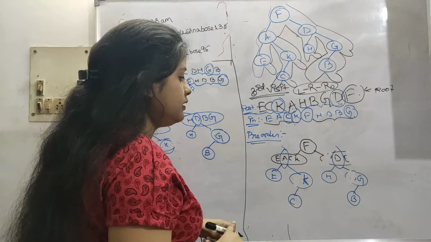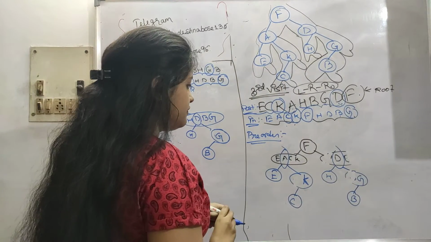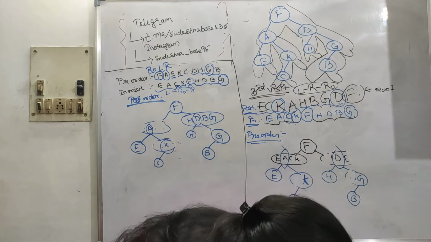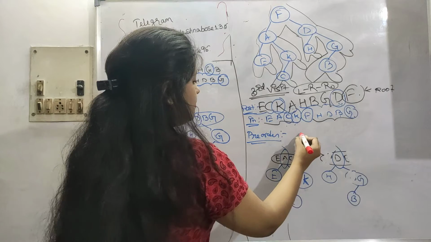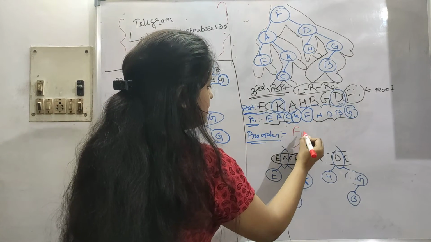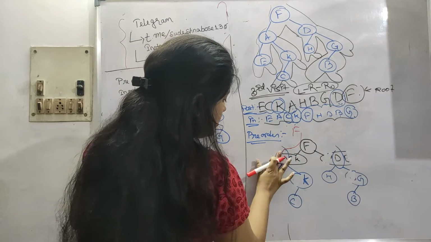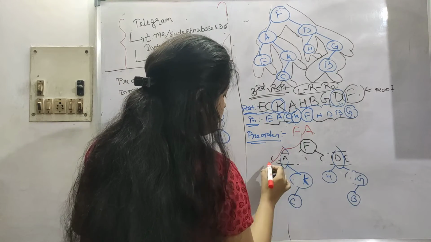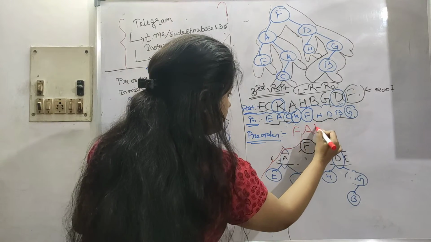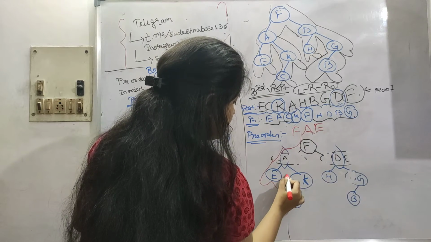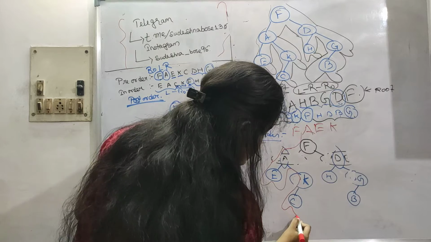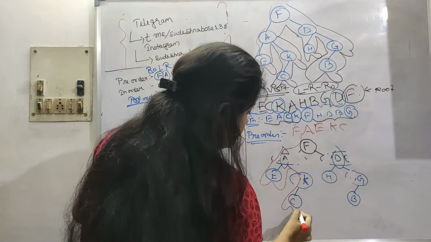Now we have to print the pre-order. Pre-order means we print on the first visit. Let's take another color here. So on the first visit, F is printed, then this is A, just A. First visit A is printed, then first visit E is printed, K, first visit C, then first, second, third, C is visited.